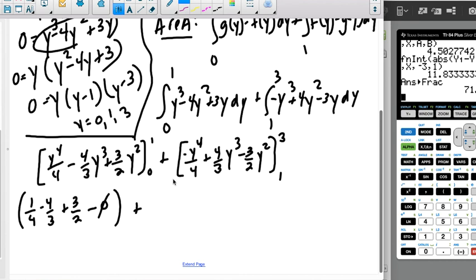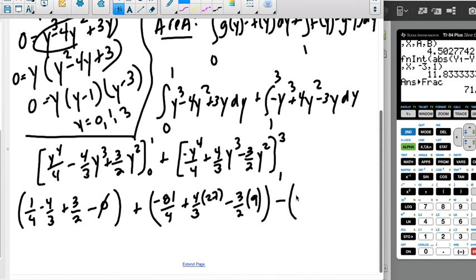So here, when we plug in 3, we're going to get negative 81/4 plus 4/3 times 27, so at least I can get rid of the 3 on the bottom. That'll be nice. Minus 3/2 times 9, right? And then when I plug in the other ones, that'll be minus. I'm going to get negative 1/4 plus 4/3 minus 3/2, right?